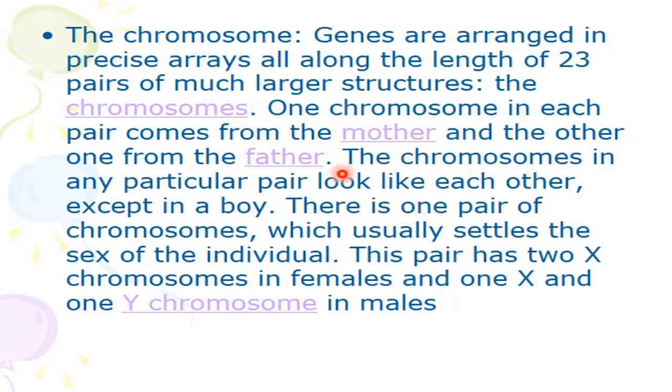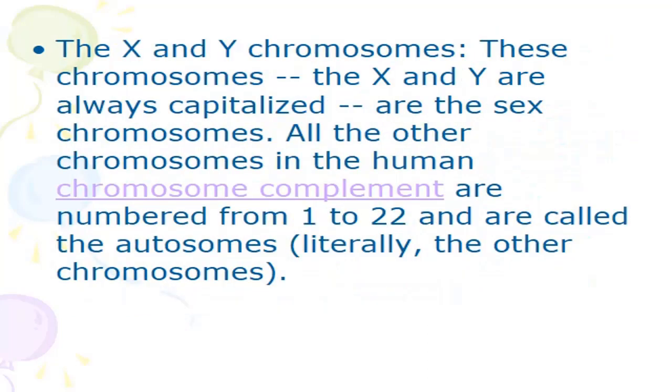Okay? The chromosomes in any particular pair look like each other, except in a boy, where there is one pair of chromosomes which usually settles the sex of the individual. This pair has two X, XX in female and XY in male. Also, regarding the X and Y chromosomes, these chromosomes are always capitalized and are the sex chromosomes.